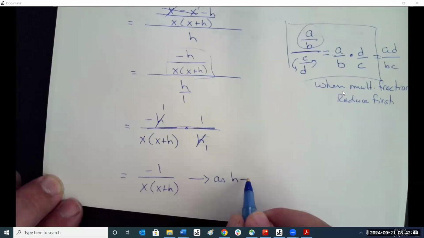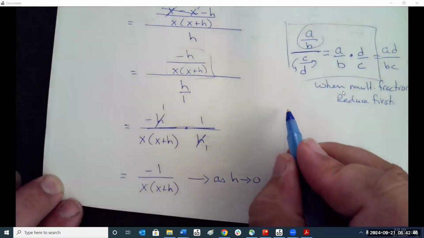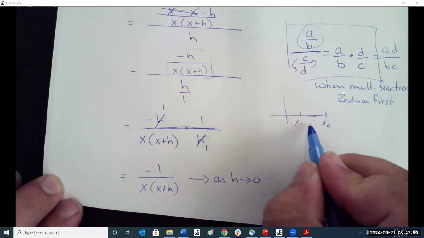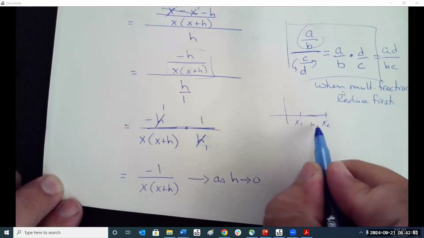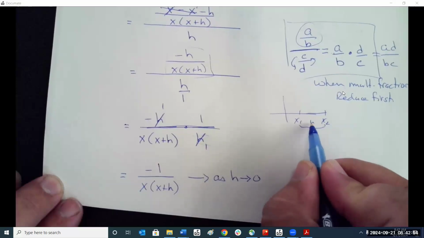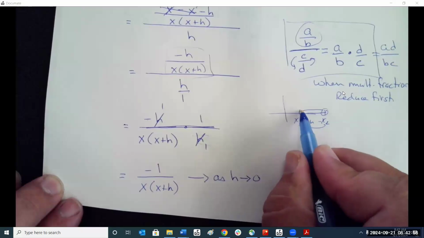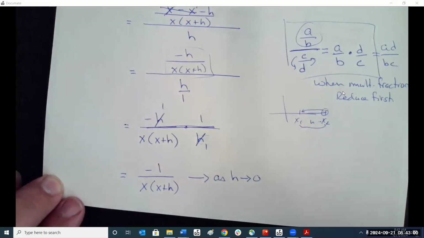As h goes to 0, remember, h is the distance between x1 and x2. As this distance goes to 0, that means x2 gets closer, closer, closer, eventually becomes x1.